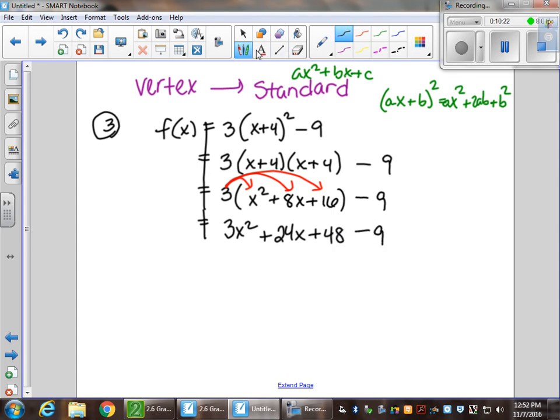The last thing for me to do is what? What can we combine? Positive 48 and a negative 9. Those are like terms. So my final answer will be 3x squared plus 24x plus 39.